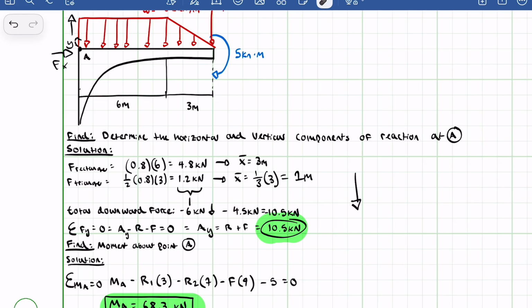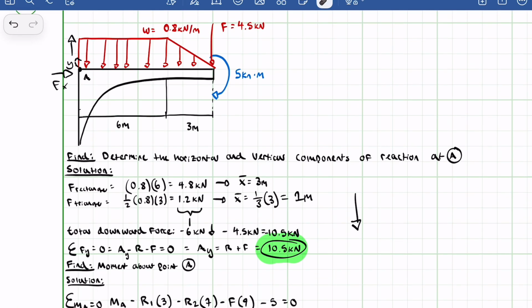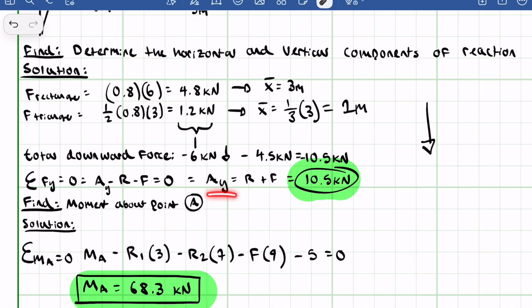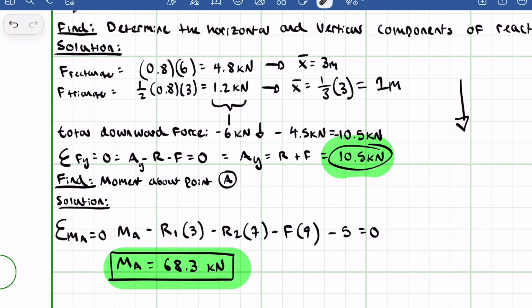Add those together, you're going to get 6,000 newtons, and you have 6,000 newtons plus your 4.5 that's applied at the very end. That's going to give you 10.5 thousand newtons, and that's your total force in the y direction. So pretty easy, 10.5 thousand newtons.